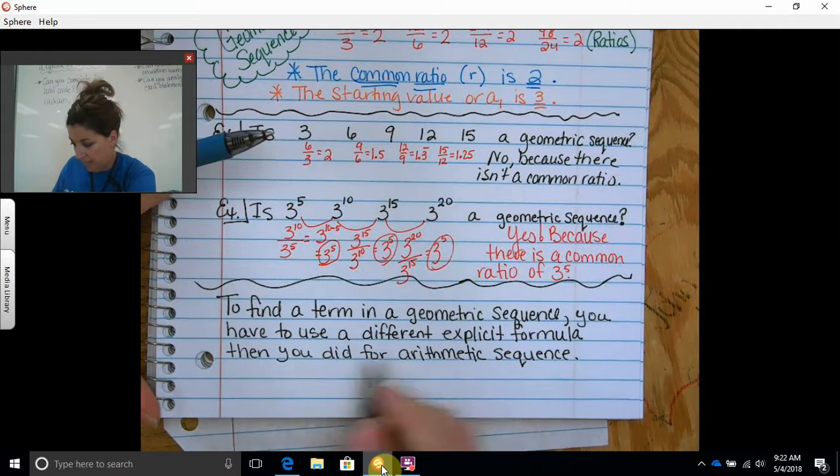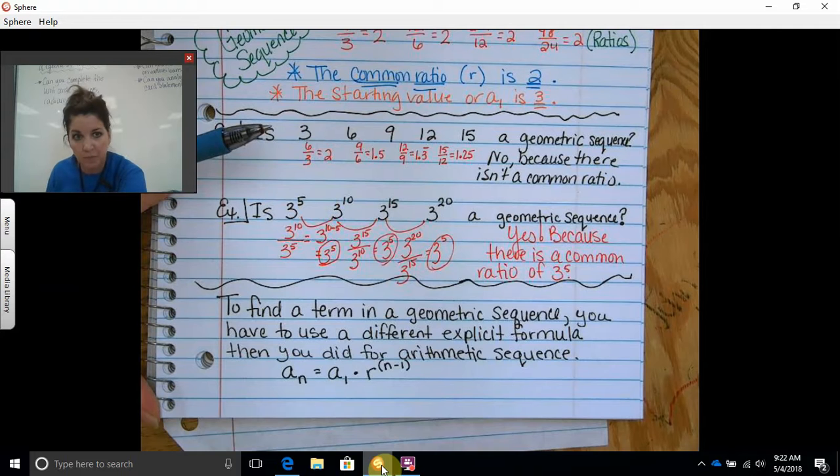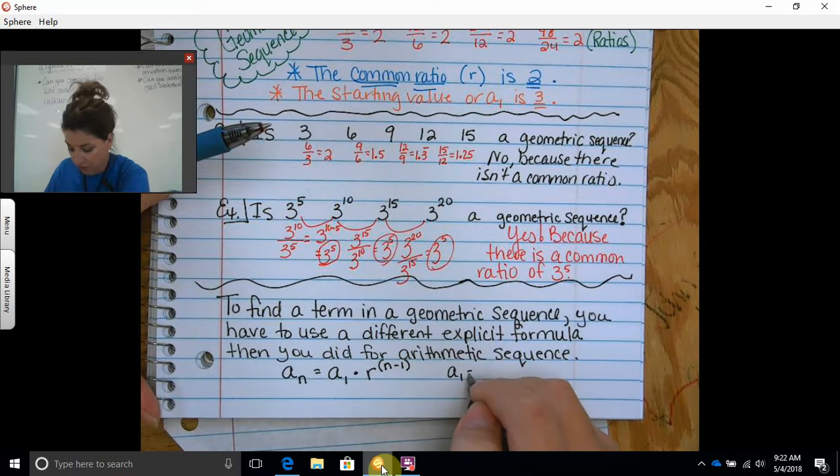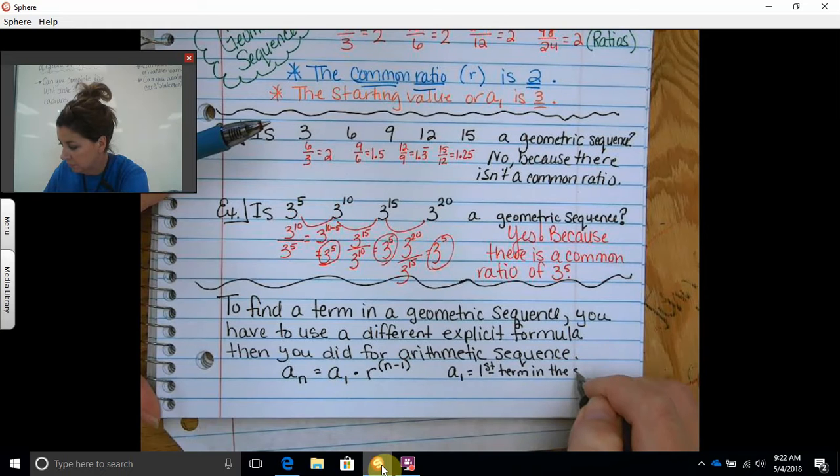And that formula is a sub n equals a sub 1 times r raised up to the n minus 1. A sub 1 is the first term in the sequence. r is the common ratio.